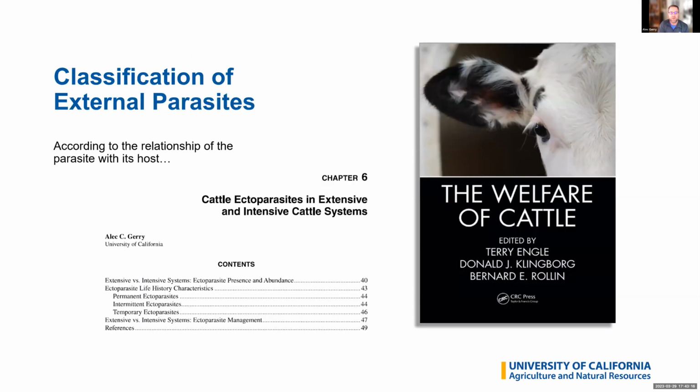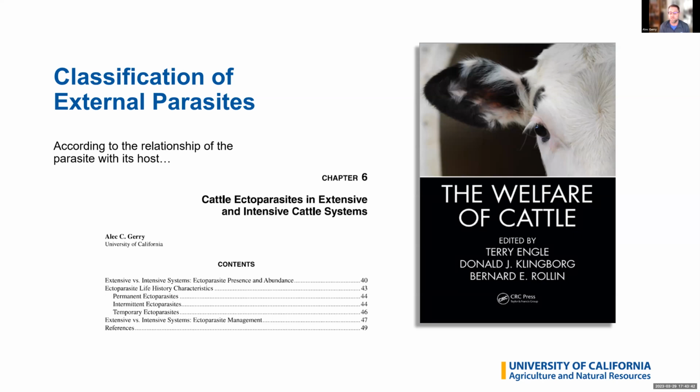So as we think about our classification of external parasites, I'm going to be using a few tables that come from this book. There's a book called The Welfare of Cattle. It was edited by a number of people at UC Davis. I wrote a chapter in that book on cattle ectoparasites in extensive and intensive cattle systems, and I'm going to define what those systems are later on in the talk.